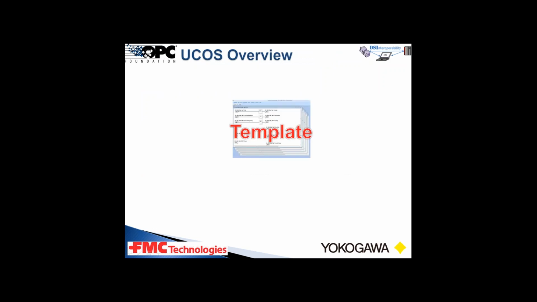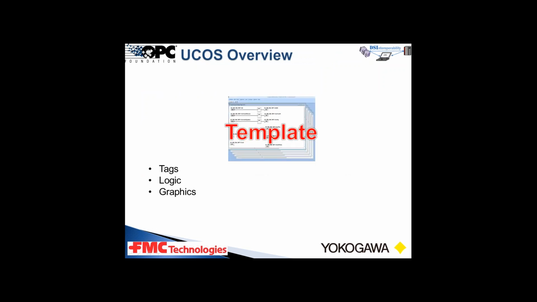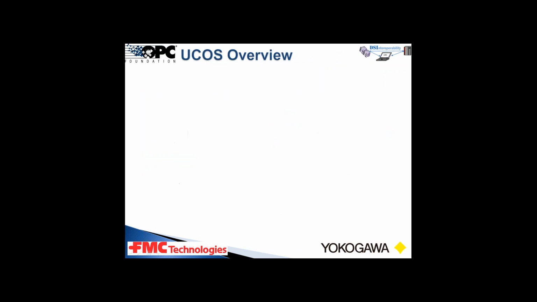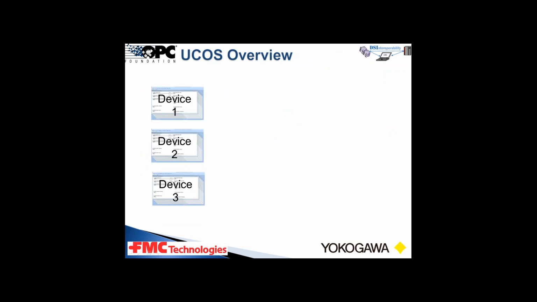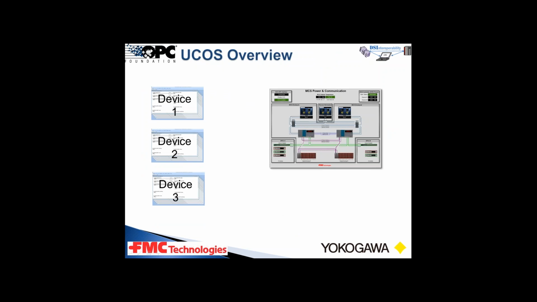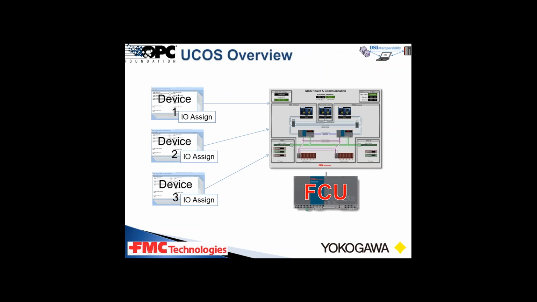So you go from a template, which has tags, logic, and graphics, create your device instances from that template, and you distribute those device instances out to an HMI station or the field control unit.